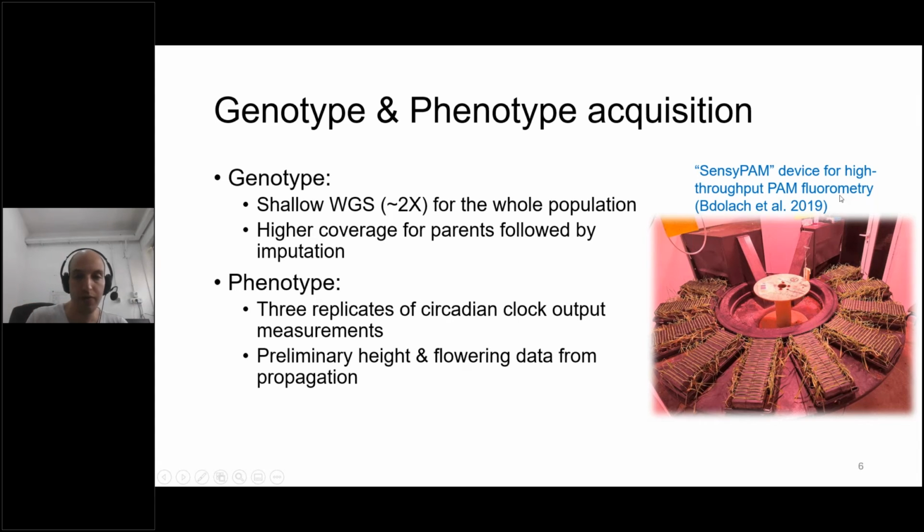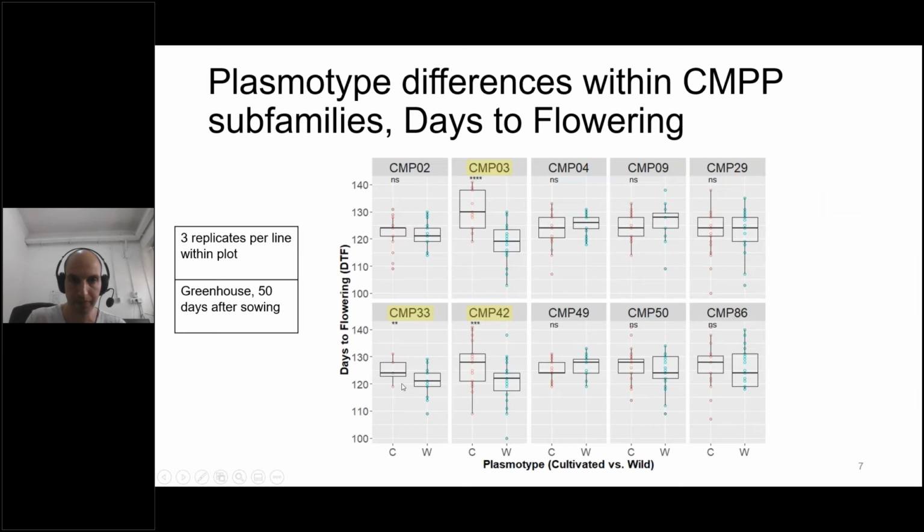We can derive different parameters regarding the circadian clock after we transform this data to get the amplitude, the period, and so on. We are also getting preliminary data from the propagation we are doing now on height and on days to flowering. So this is one preliminary phenotype that we have.